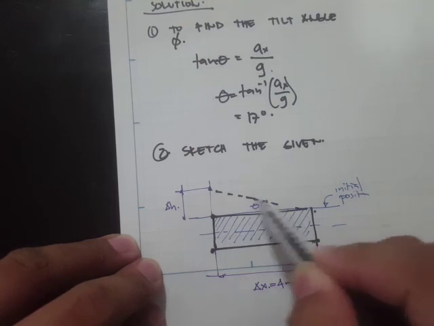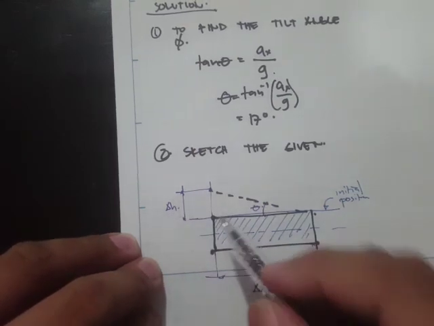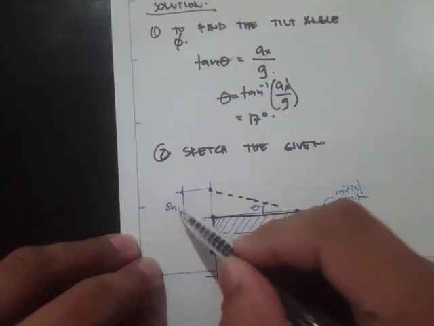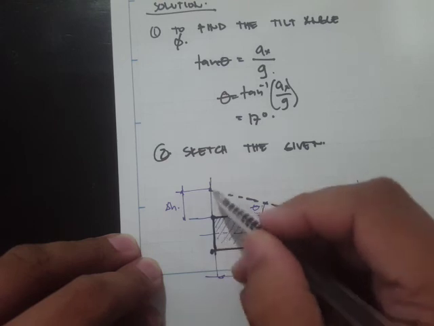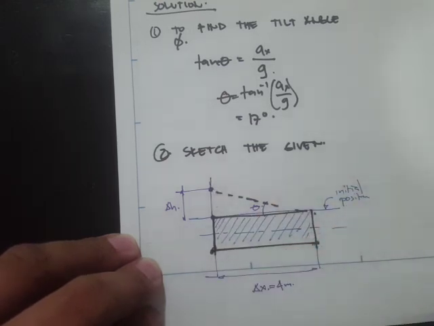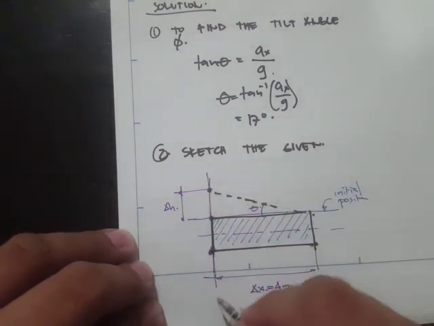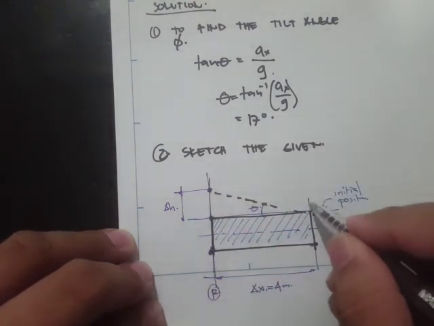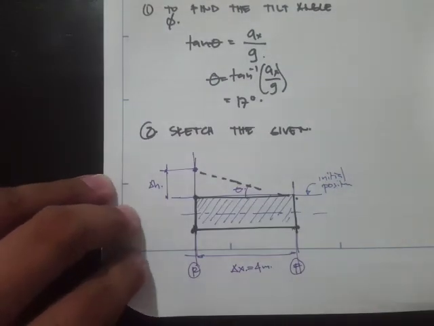We have already solved for the tilt angle, so we can solve for this, because once we solve for this delta H, we can consider this height from this point to this one, then we can solve for the pressure. Once we solve for the pressure, then we can solve for the forces. So this is our rear wall, let's say this is R, and this is our front wall, and let's label it as F.